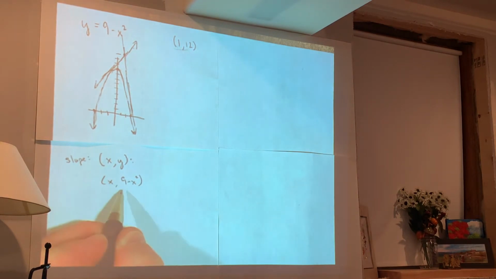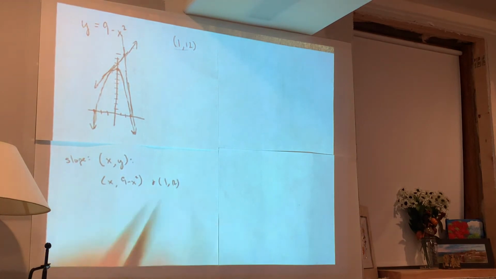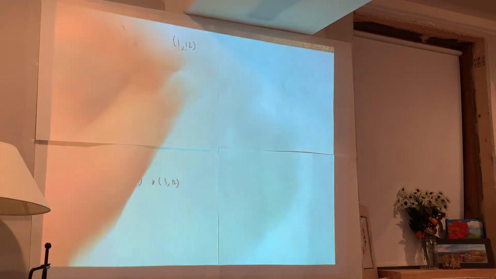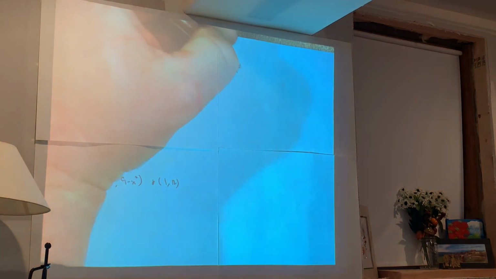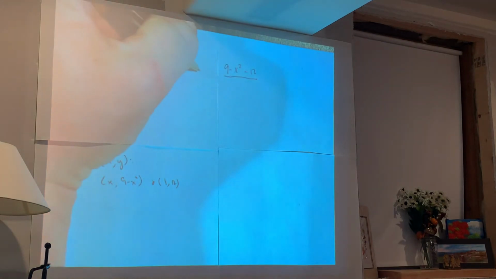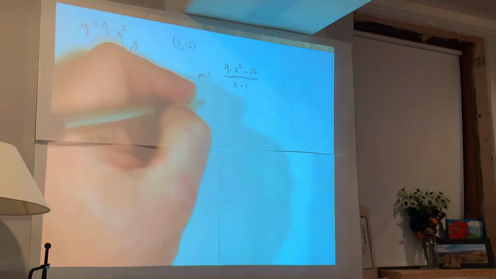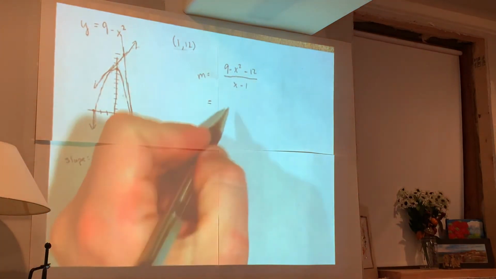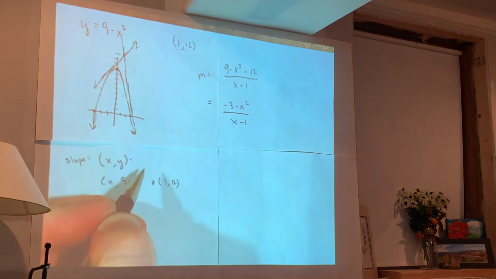So there's one point. Now there's also the point (1, 12), and we can calculate that slope. We know that slope would be 9 minus x squared minus 12, all over x minus 1. That slope can be simplified as negative 3 minus x squared, all over x minus 1.